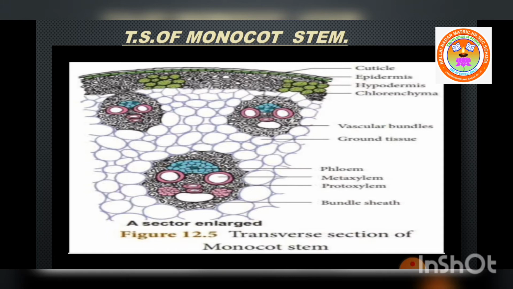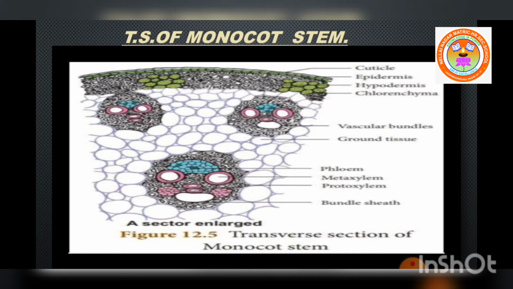The cell wall is made up of cellulose. The cells contain reservoir materials like starch. The cells of the ground tissue next to the hypodermis are smaller in size, polygonal in shape and compactly arranged, closely arranged without any intercellular space.